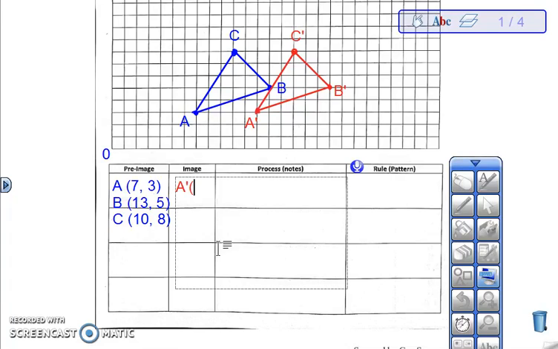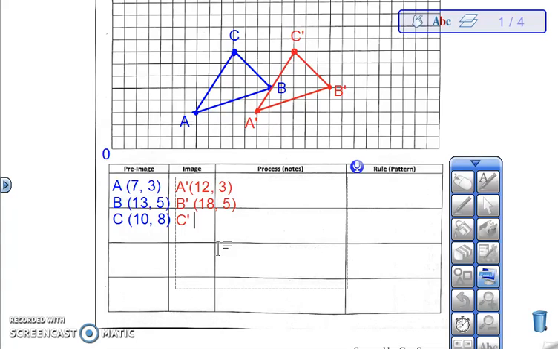So when we label out the points from our image, we're going to do the same thing. We're just going to count out the locations. So this one looks like it's about 12, 3. This one is about 18 and 5.